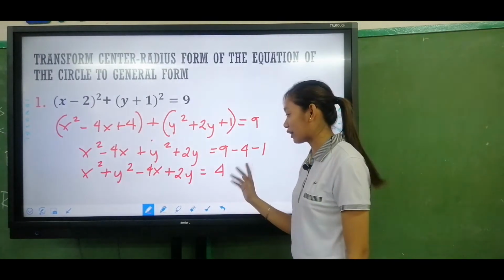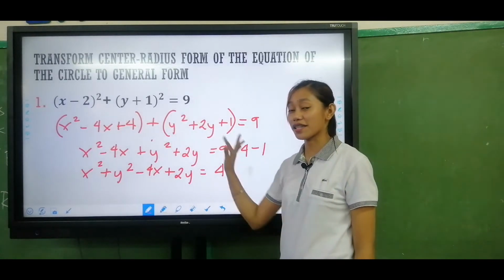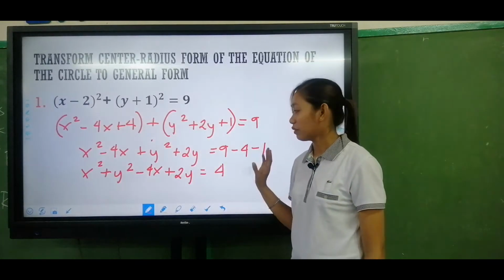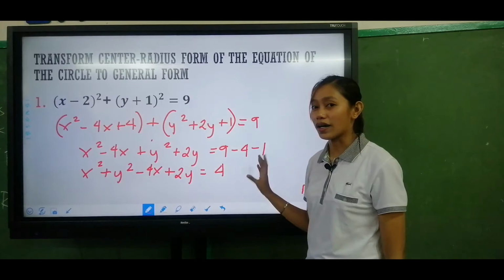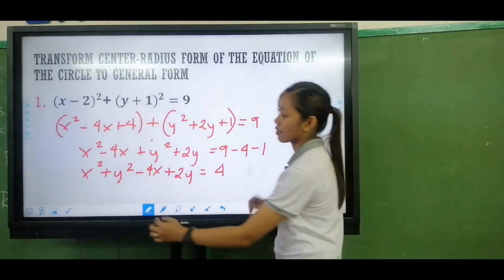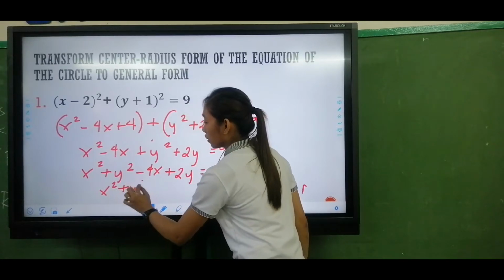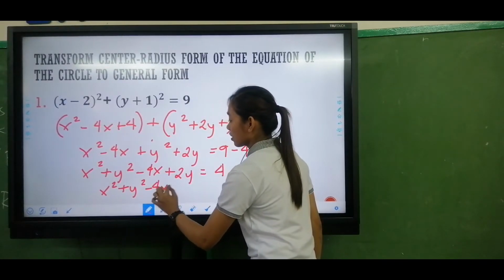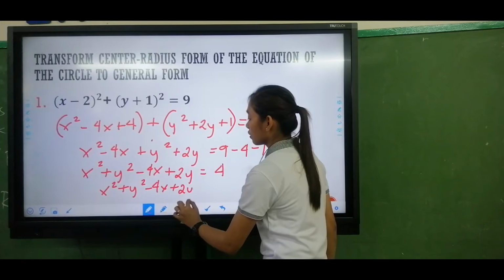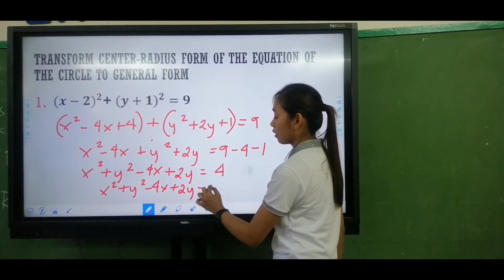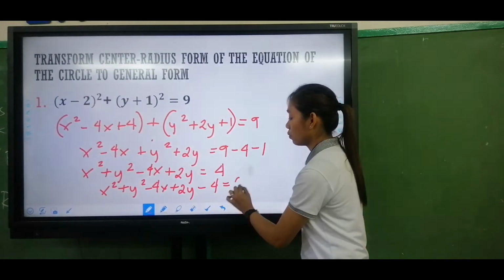Next, transpose ulit natin si numerical coefficient din sa left side to equate the equation into 0, kagaya ng sa general form natin. So this will be x squared plus y squared minus 4x plus 2y, positive, pag nilipat, negative 4 is equals to 0.